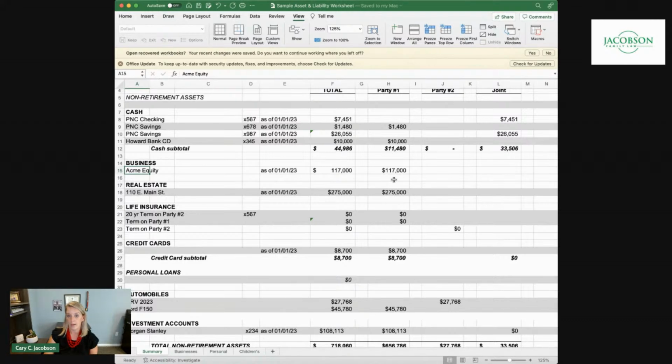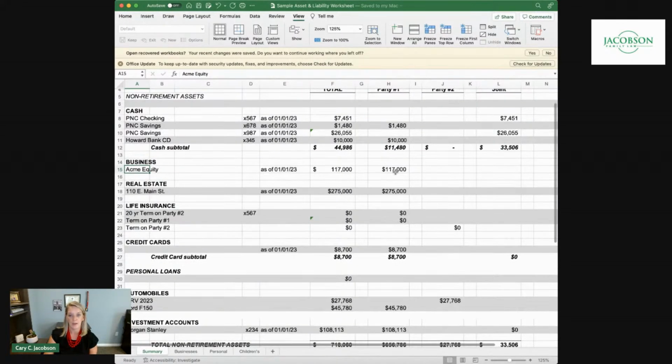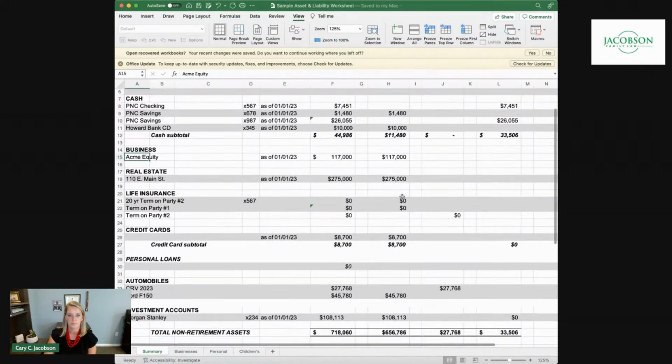Sometimes that could be addressed in different ways, but in this scenario, party one has equity in this home of $275,000. This sheet does not indicate, again, how the parties are going to divide that, but it does indicate how much there is to divide, assuming that this home is a marital asset.